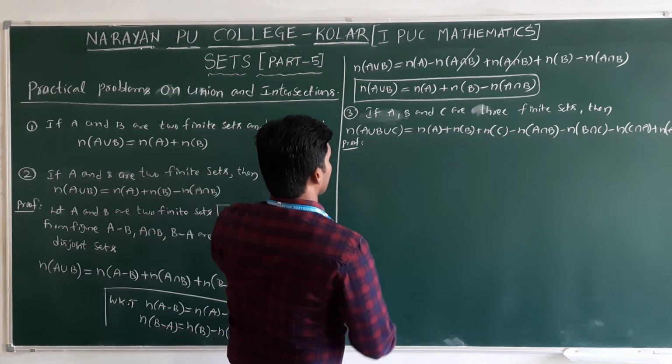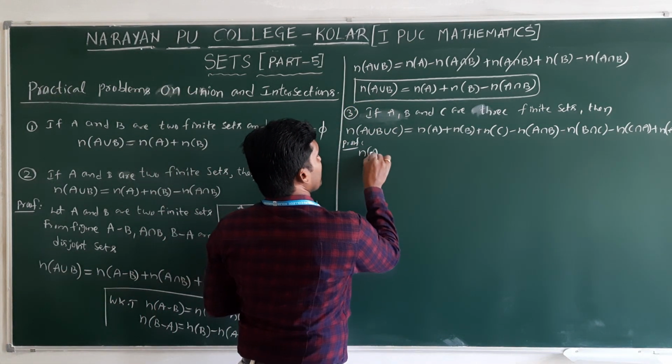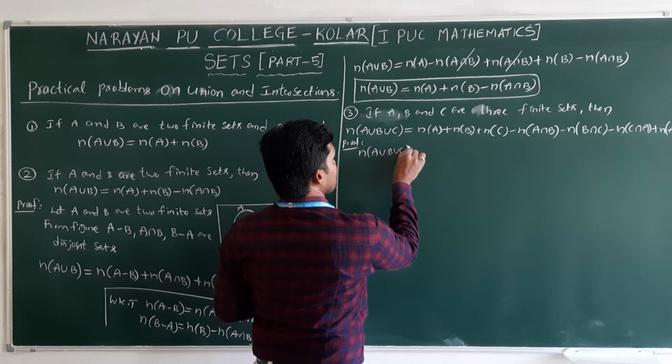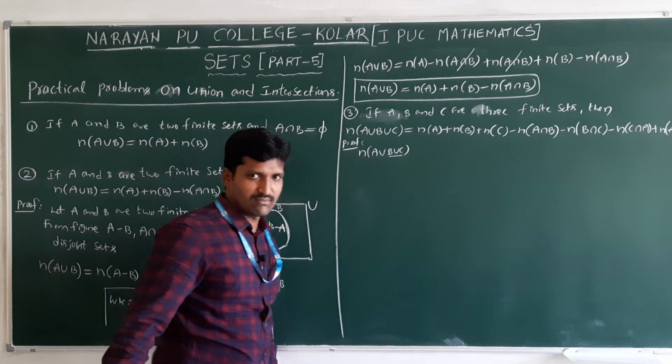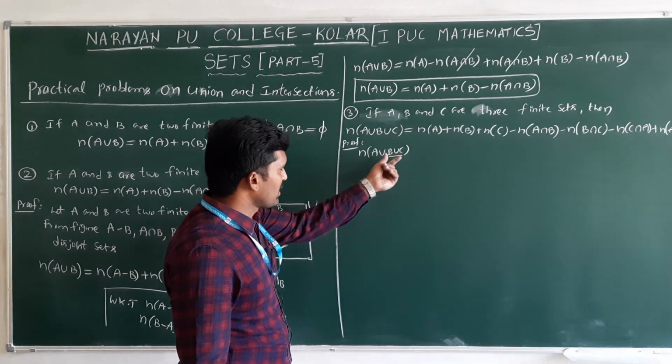If you want to prove it, it is very easy by using this property. n of A union B union C: I will consider B union C as a single set. This is like the A union B form.